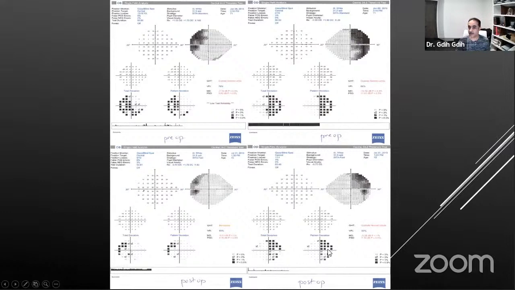So look at the right eye, much improved. And then look at the left eye, almost nothing, just a peripheral defect there. And look at the VFI, visual field index: it was 66% in the right eye, improved to 82%, and 79% pre-op improved to 93%.